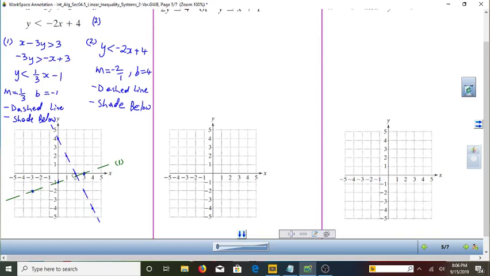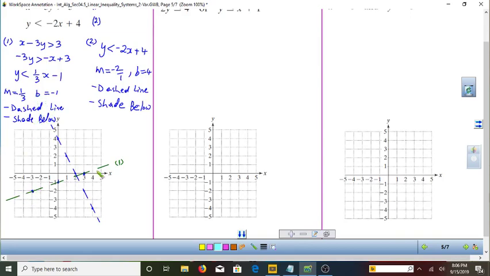We call the point where the two lines intersect the vertex of the region. So just like the vertex of a polygon, that's what we're talking about here. Now in this case, I'm going to do something a little bit tricky here, just to help us to follow along. You can do this in the initial practice so you get an idea. For the first line, it says shade below.